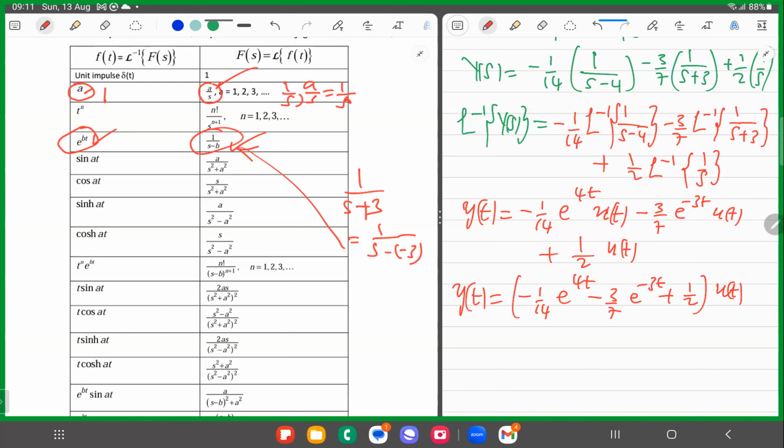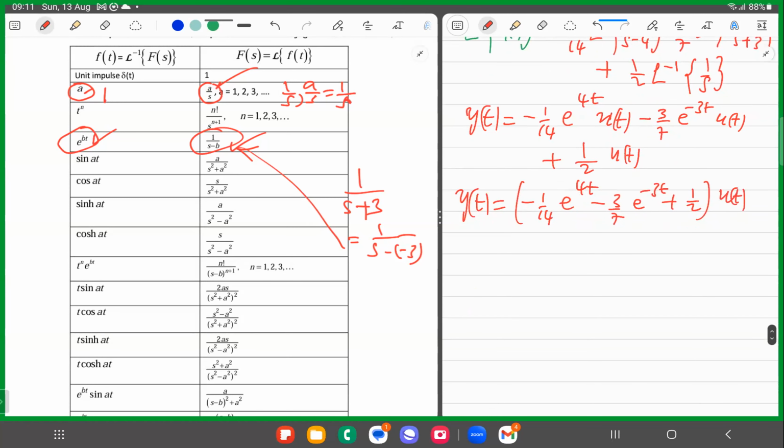Hence, the unit step change has the output response.